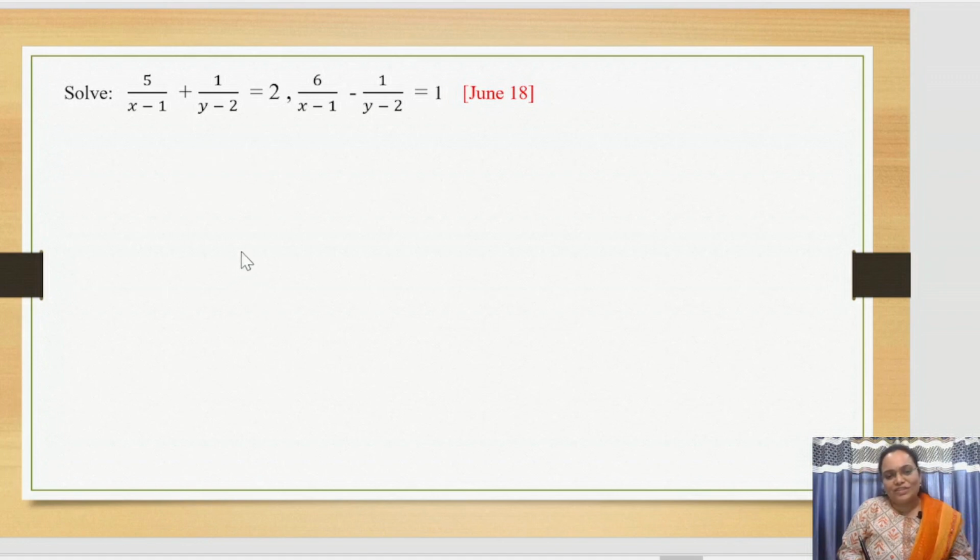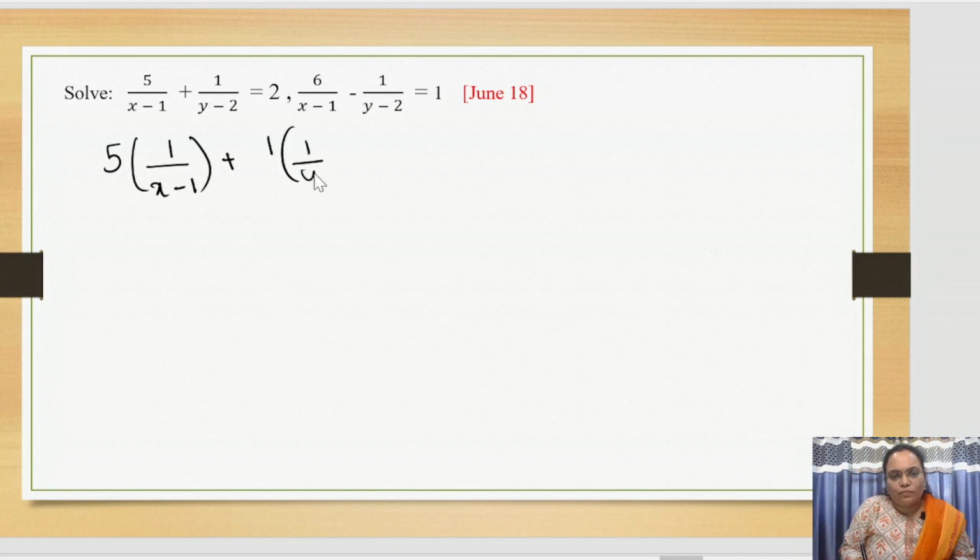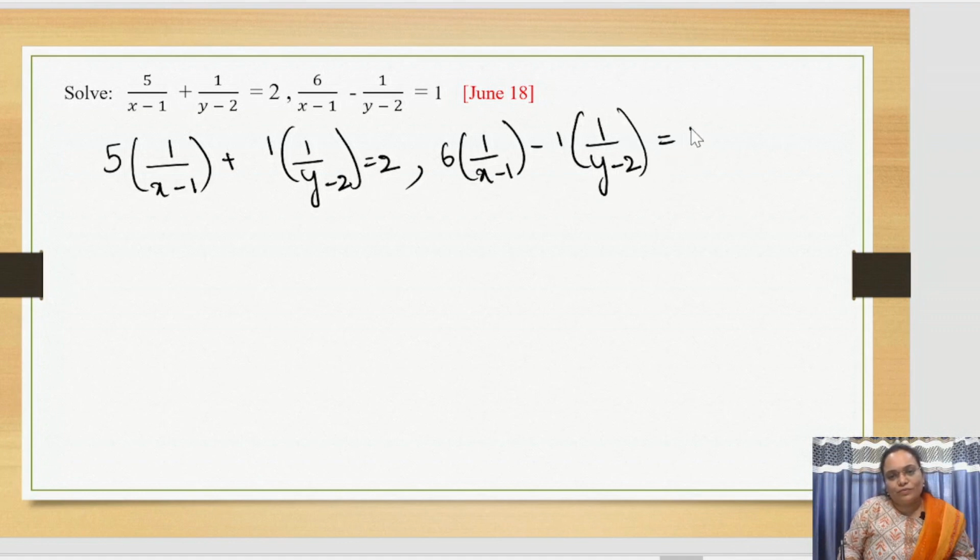So let us see the next question. So see here, this question can be written as 5 of 1 by x minus 1 plus 1 of 1 by y minus 2 is equal to 2, and 6 of 1 by x minus 1 minus 1 of 1 by y minus 2 is equal to 1.